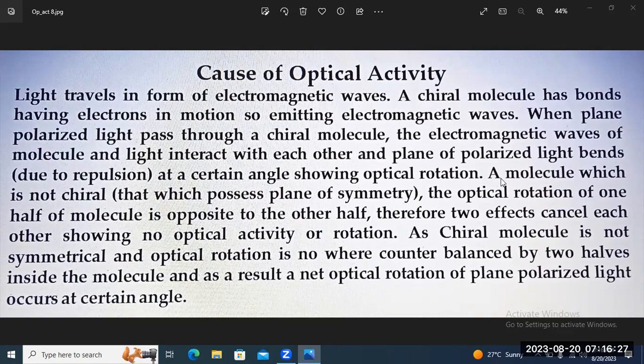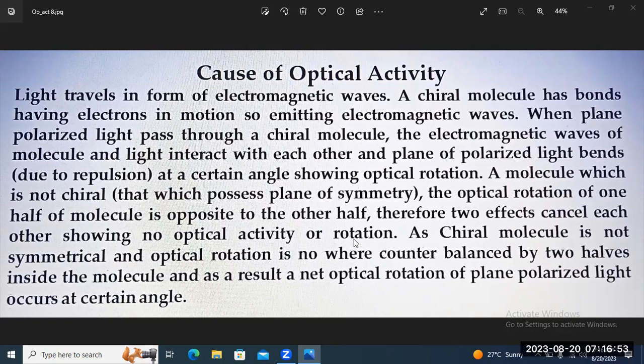In a molecule which is not chiral, that which possesses a plane of symmetry, the optical rotation of one half of the molecule is opposite to the other half. Therefore, the two effects cancel each other, showing no optical activity.